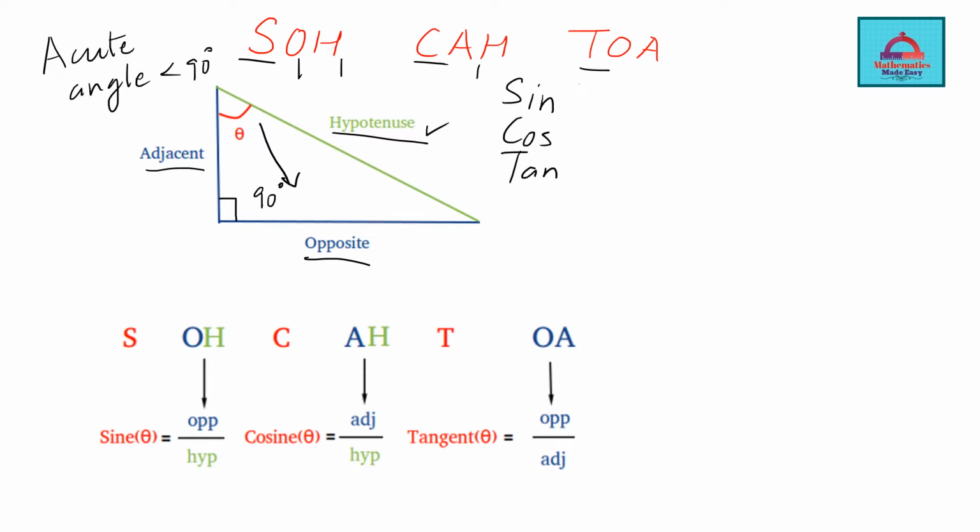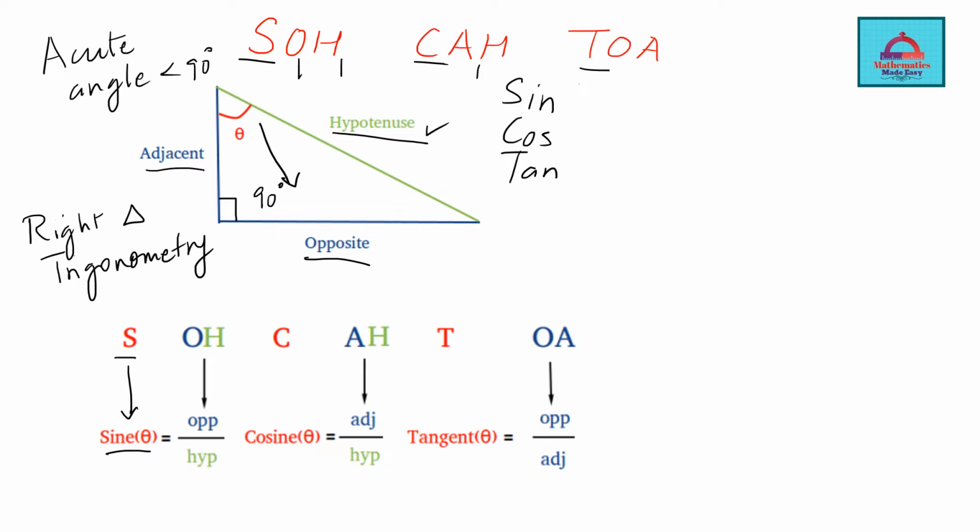Okay, now how does this SOH CAH TOA help us for trigonometric ratio? So let's recall. S is for sine, I told you. So if you have to find the sine of theta, the acute angle that we are going to be having in the right angle triangle, remember we are talking about right triangle trigonometry. So one of the angles in that triangle where you have to find the trigonometric ratio has to be 90, like this.